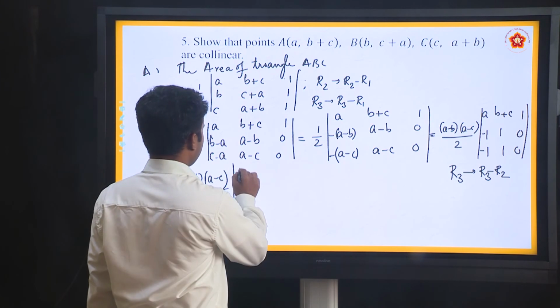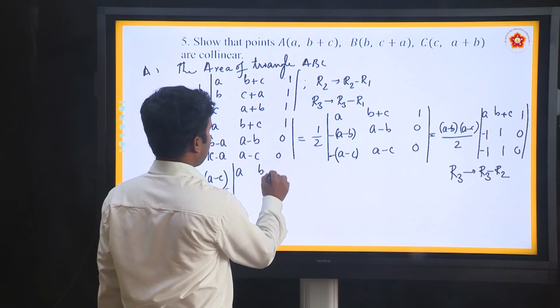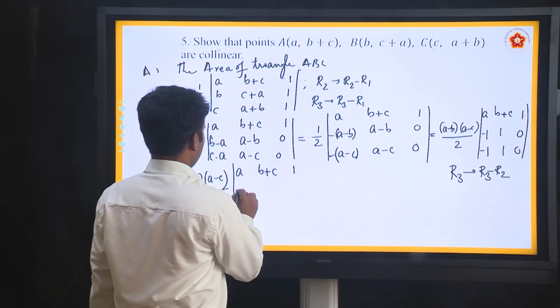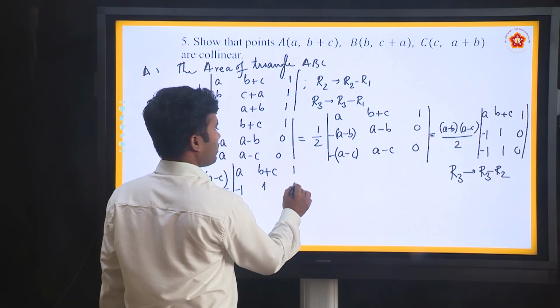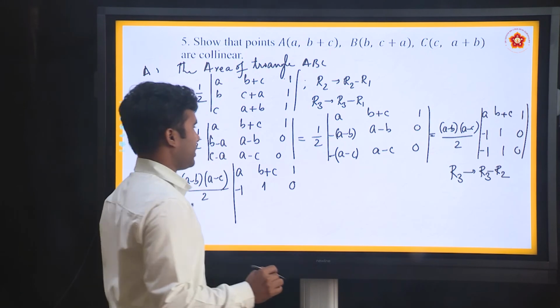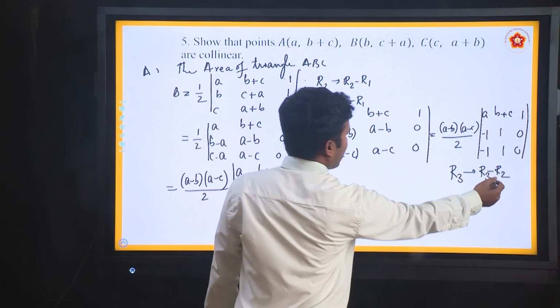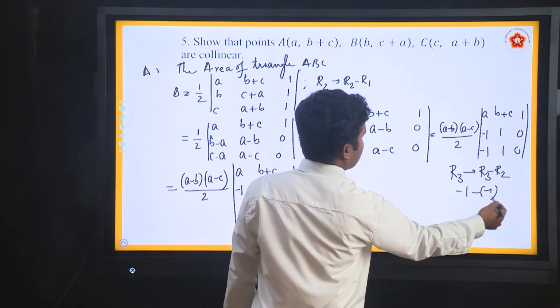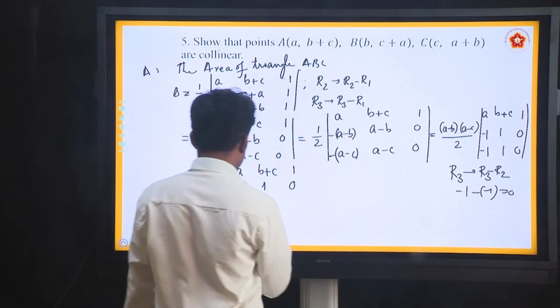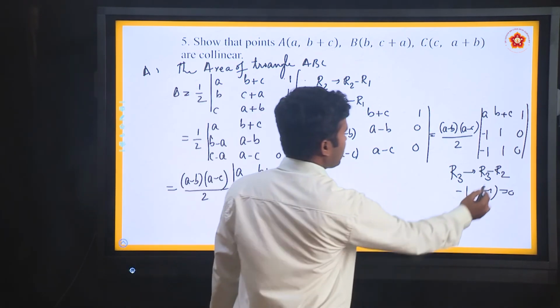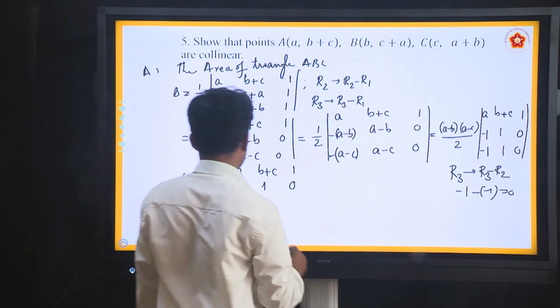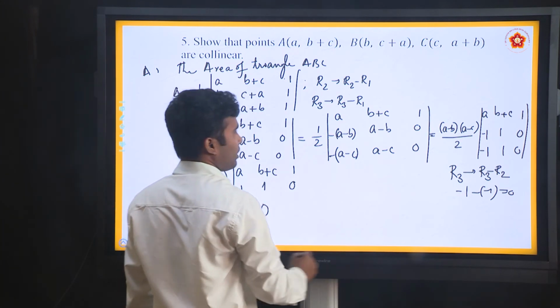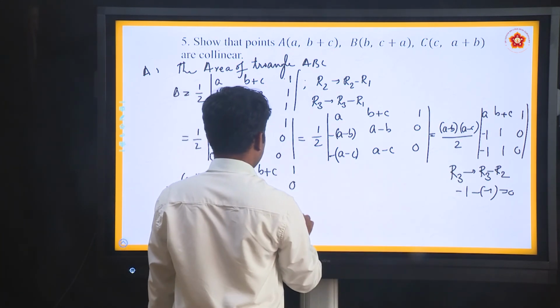R1 does not change: A, B plus C, 1, minus 1, 1, 0. And what about R3? R3 is R3 minus R2. Minus 1, minus of minus 1, so what is this? 0. So this entry is 0. Next, R3 is 1, R2 is 1, 1 minus 1 is 0, and 0 minus 0 is obviously 0.